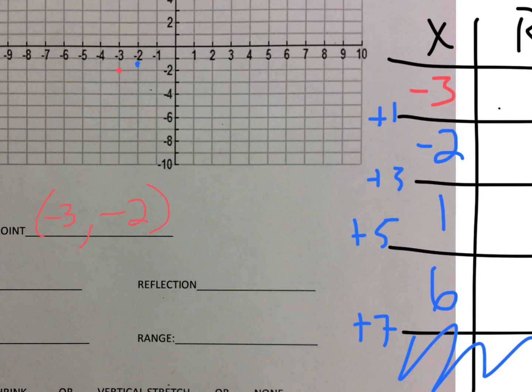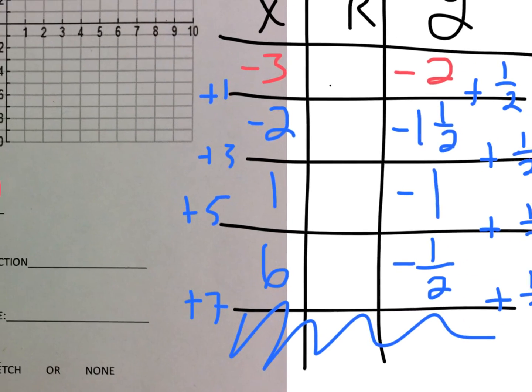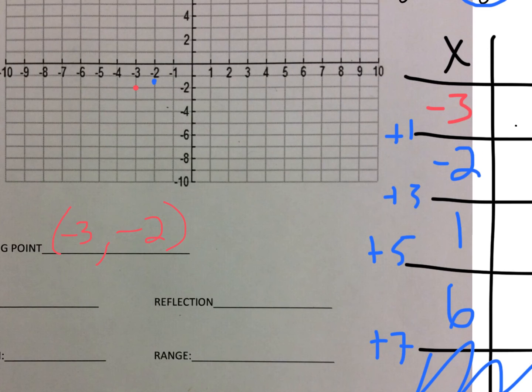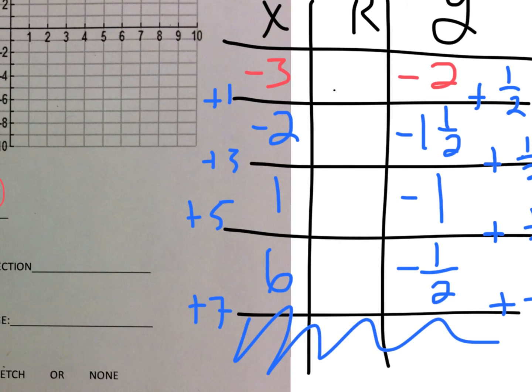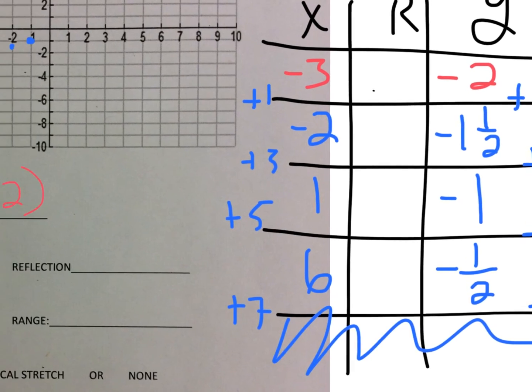That's pretty good right there. Okay, our next one is negative 1 by negative 1. Next one is going 6 by negative half.